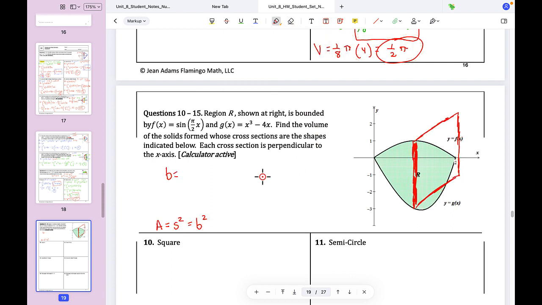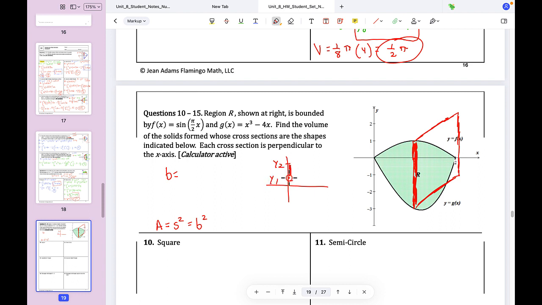So think of it this way, right? Way back when we were in Algebra 1, if you had x1 here and x2 here, to find the length of this line segment, we would do x2 minus x1, right? Or we could think of it in terms of y, because we're dealing with y. Here's y2, here's y1.